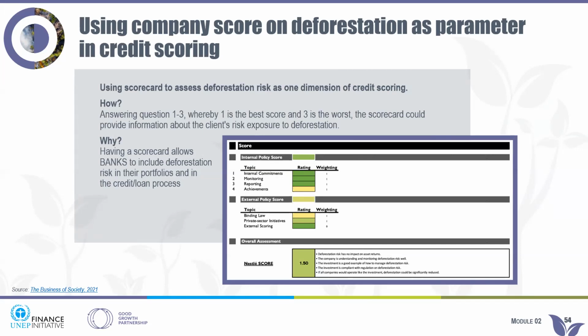In the example shown on the slide, the scorecard is comprised of two different scores, one that reflects the quality of the client's internal policies on deforestation, and one that captures external policies, which are then combined to form an overall assessment for the client. The questions can be weighted differently depending on the aspects that are the most important for the bank. It can also combine elements from external scoring tools when the bank does not have the information.